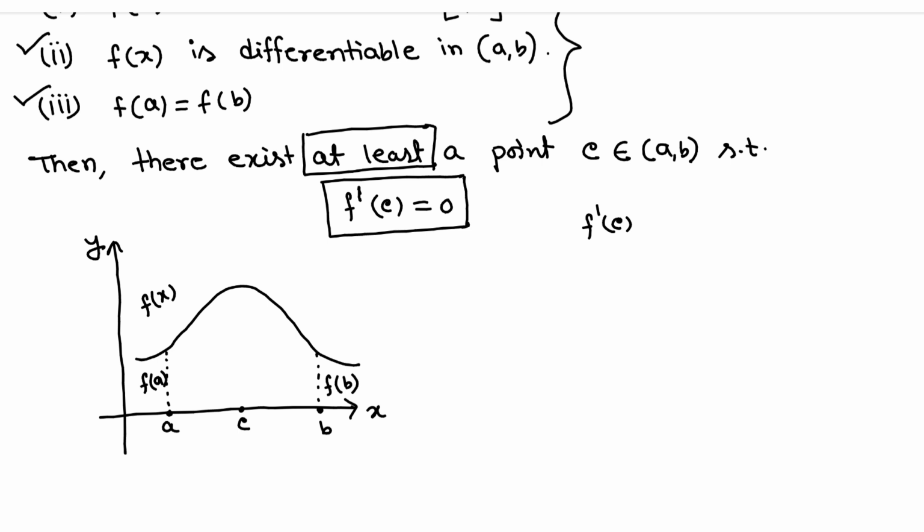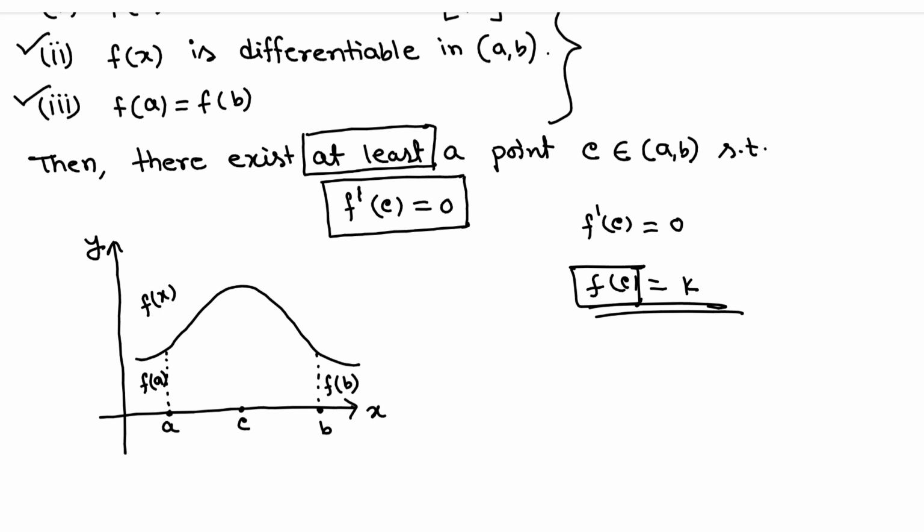Now f dash c equals 0. What do we mean by this? That means this tangent is parallel to the x-axis. If I derive this, we can say that f of c is equal to some constant k, where f of c means the functional value at the point c.